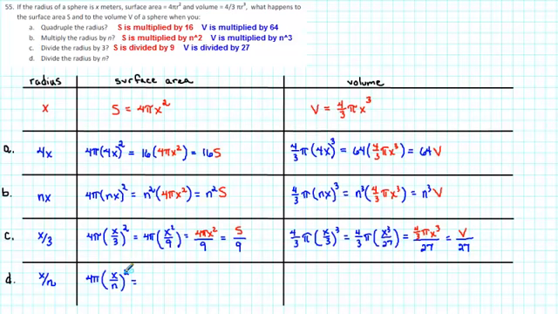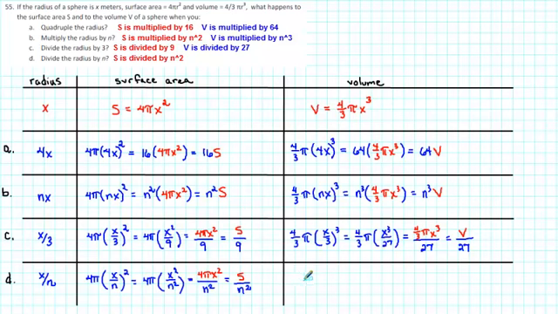But the square of x over n is x squared over n squared. So this becomes 4 pi x squared divided by n squared. And 4 pi x squared is S, so this becomes S divided by n squared. So when you divide the radius by n, you divide the surface area S by n squared.